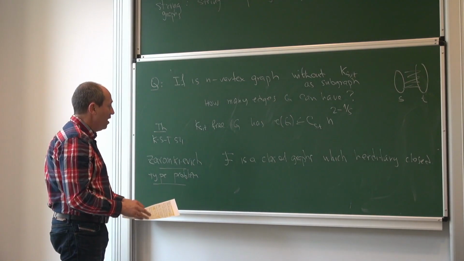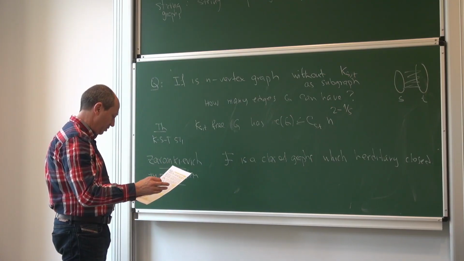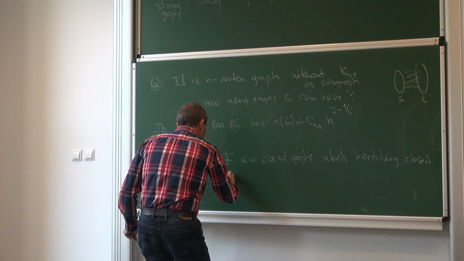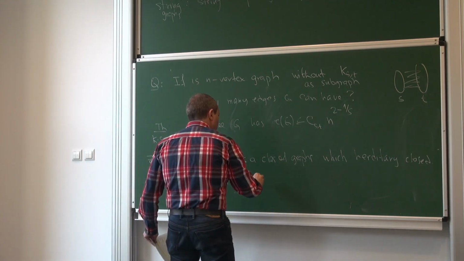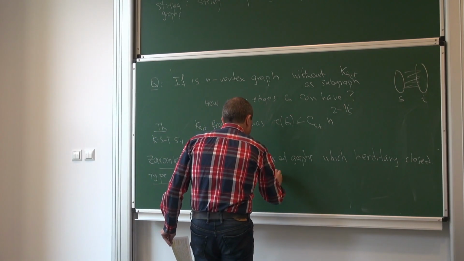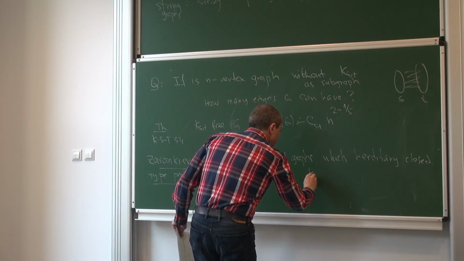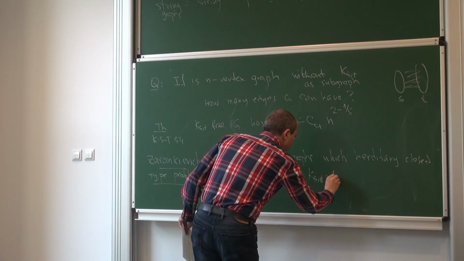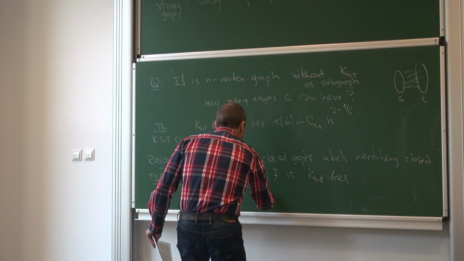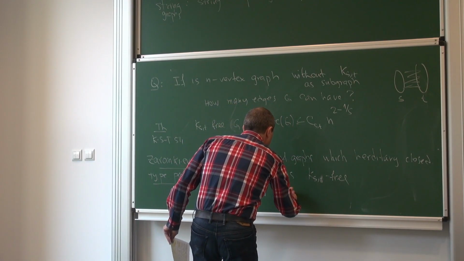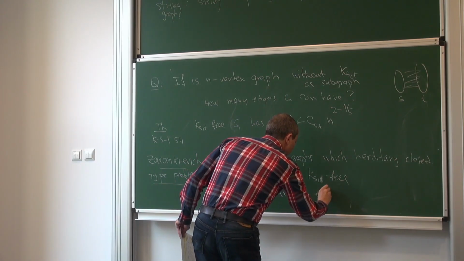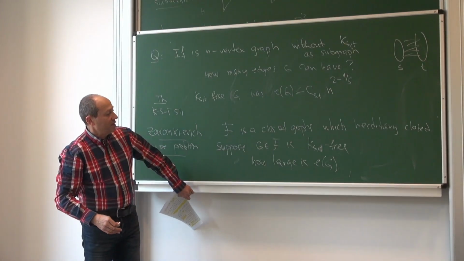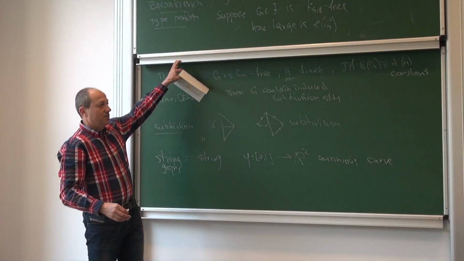So you have a class F of graphs which is hereditary closed, and suppose G from this class is K_{S,S}-free or K_{S,T}-free, then how large is the number of edges? Right? So now I want the same question as before, but I will restrict only to this class of graphs.